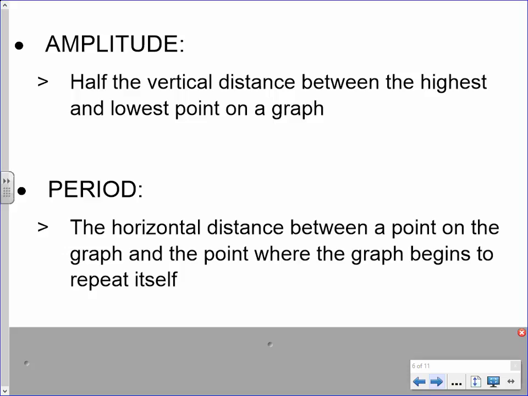So when I had those graphs up on the board, the red piece was just one period of the graph. That's what I had you copy down. Some of you may have drawn the rest of it, but the red highlighted piece was one period of the graph.